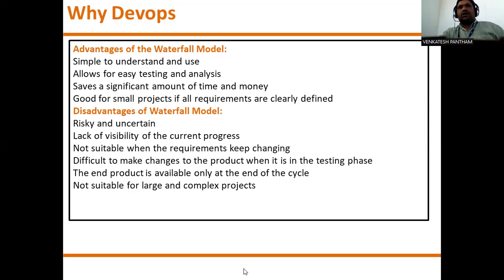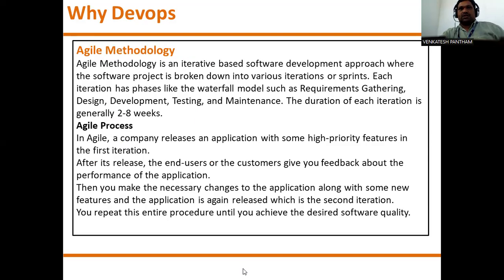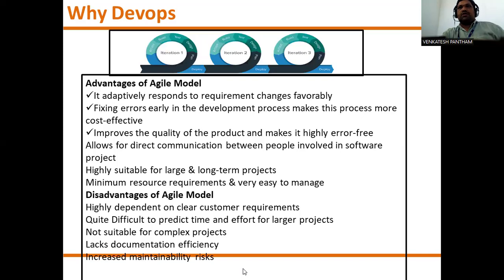Next, the agile methodology was newly introduced. This model is suitable for large projects also. For example, if we are given one big project, we first split it into a number of modules. To each module we apply these phases iteration by iteration, and n number of iterations are completed.